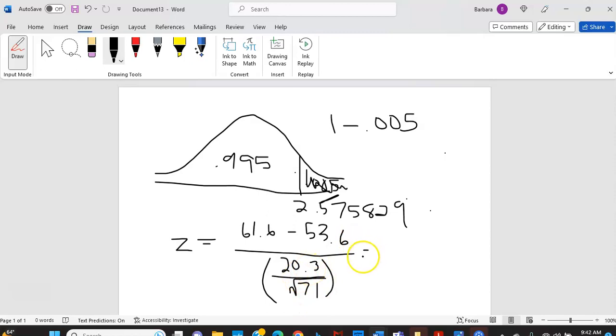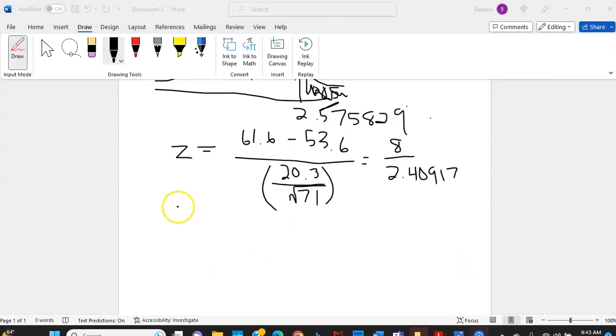I'm just sticking it in there as that. The top is going to give us 8 when we subtract those two. Let me put this whole bottom into the calculator. That is 2.40917. Then I complete that division and I get 3.32, and if we round to 3 decimals, 3.321.